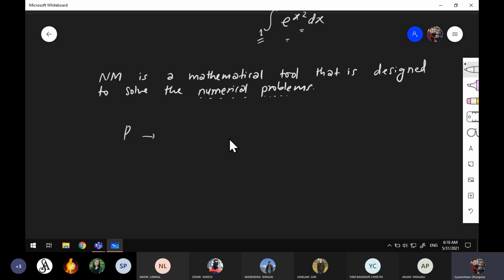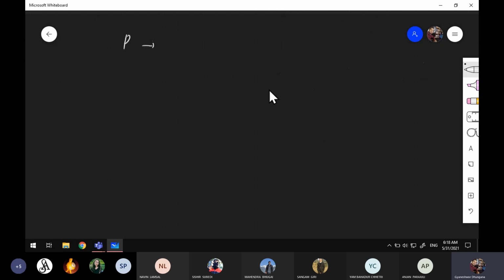Okay, so for example, let's take the problem of finding the root of any given function. We have a given function, say y equals f(x). We have to find the root of this equation.